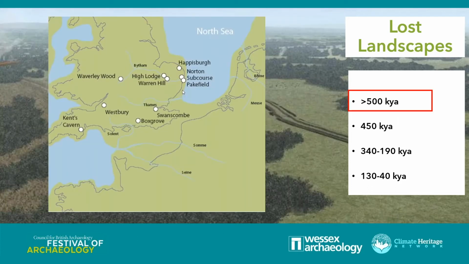What I want to look at now is how the landscapes of Doggerland and La Manche changed over time during the Paleolithic. A key point in this story is that prior to 500,000 years ago, in the area which is now occupied by the Straits of Dover, there would have been a land bridge, a chalk ridge, which joined southeast England to northern France, and this would have been permanent regardless of sea level.